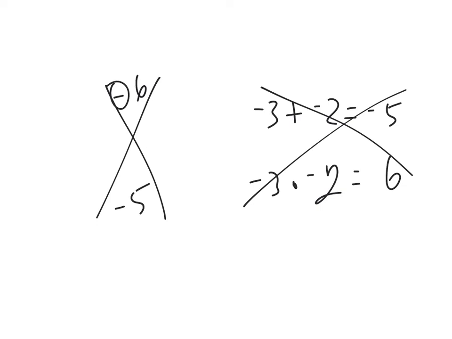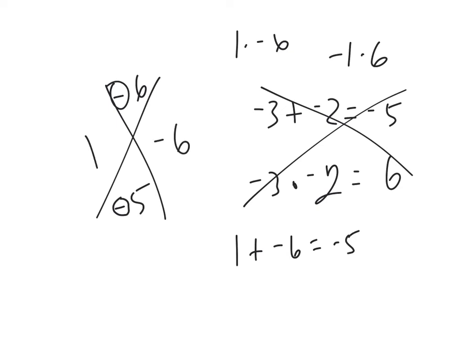So it's going to have to be 1 and 6, or negative 1 and 6, like that. But again, this factor tells me that the bigger factor has to be negative. So I'm thinking it's got to be this. Okay, so we go 1 and negative 6, or vice versa. I could put the negative 6 on this side and the 1 on this side. Either way, it doesn't matter, just as long as one of them is negative.